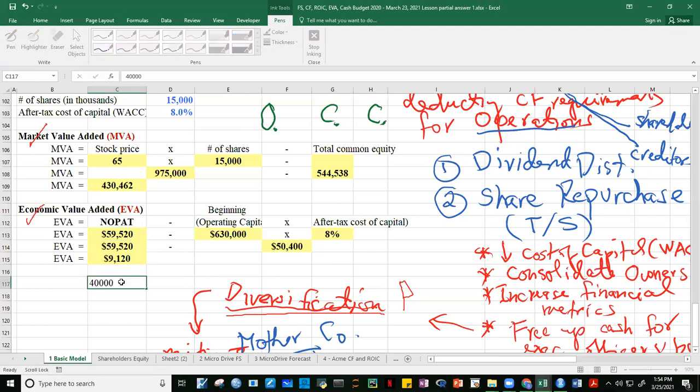If our NOPAT was 40,000, tapos parehong operating capital yung ginamit, parehong cost of capital, the cost of using the capital is 50,400. Therefore, your EVA will be negative, di ba? So, in general, guys, pag negative yung EVA, we say that value was destroyed. Hindi to value creation, but value destruction.